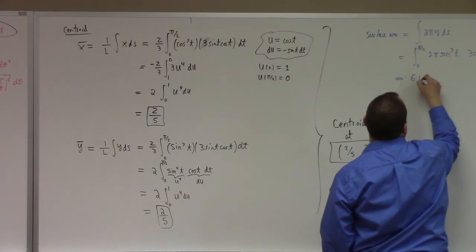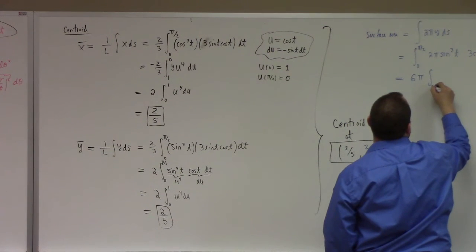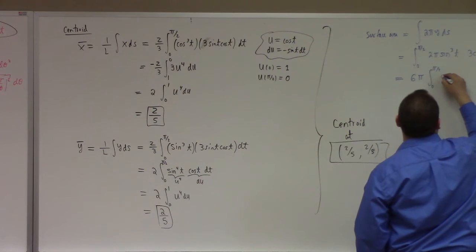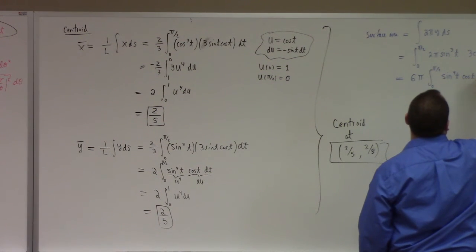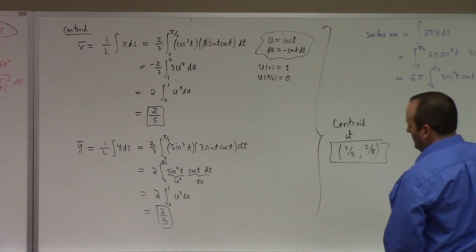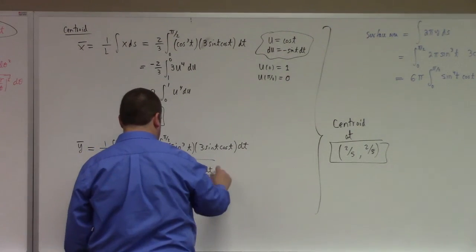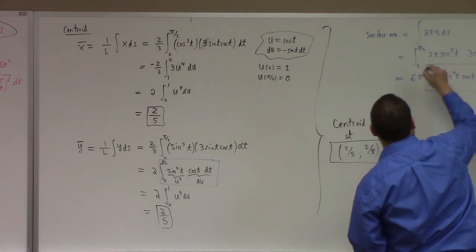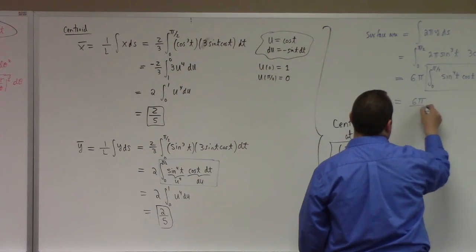Which gives us 6 pi integral of 0 to pi over 2. How many sines do I have? Sine to the 4th. Did we just do this integral anyway? Yes, we did. So we already know what that works out to. That works out to 1/5. So there you go, 6 pi over 5 surface area.